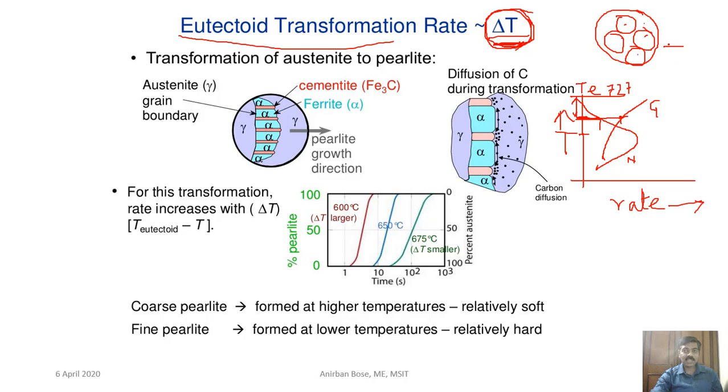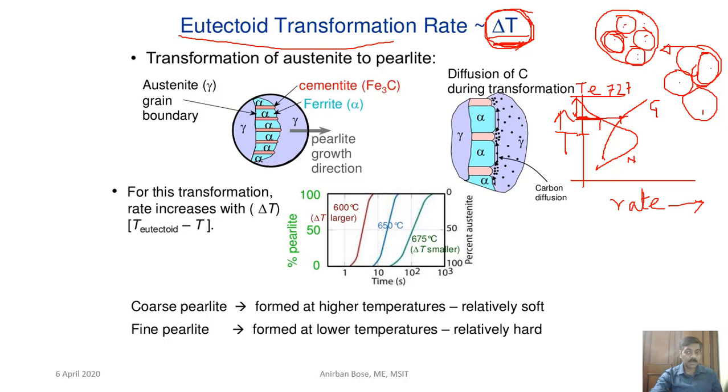The structure you are going to get is large grains, and only a few grains will be there, because from the few nucleation sites the nuclei will grow very fast. That is why you will observe large grains. You will observe coarse pearlite. The pearlite structure you will definitely get, but it will be coarse pearlite because the nucleation rate is small and the growth rate is very high.